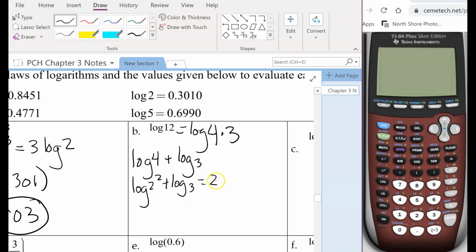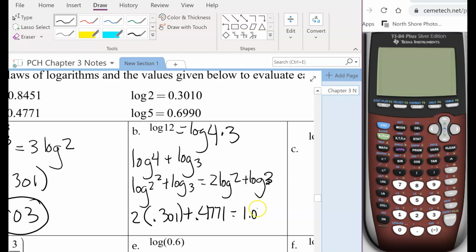And continuing, that becomes 2 log of 2 plus log of 3, and now we have it broken up into values that they've given to us. So it's going to be 2 times the log of 2, which is 0.301, plus the log of 3, which is 0.4771, and our final answer becomes 1.0791.